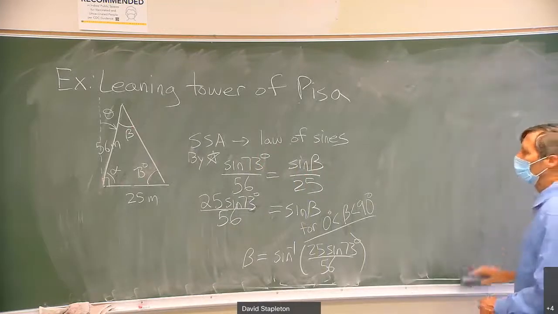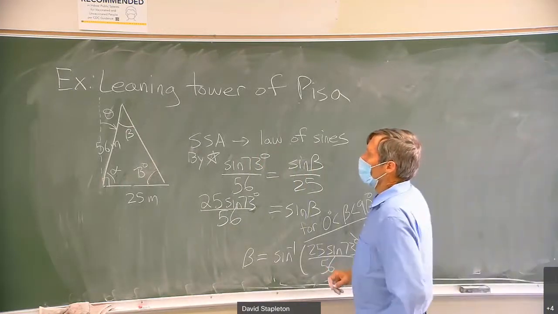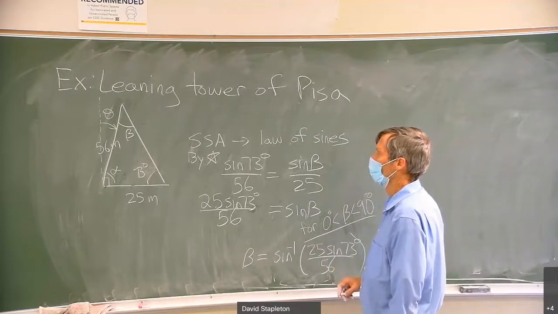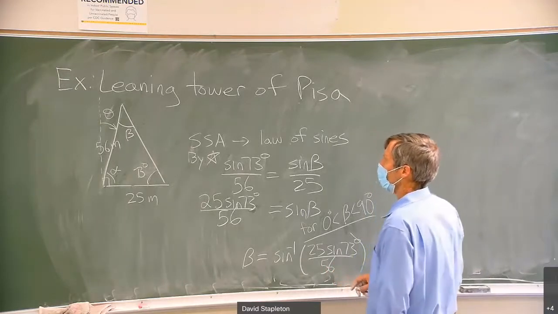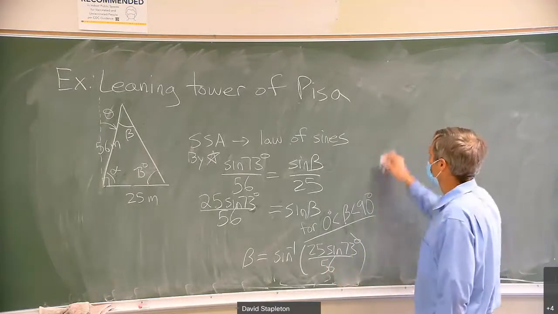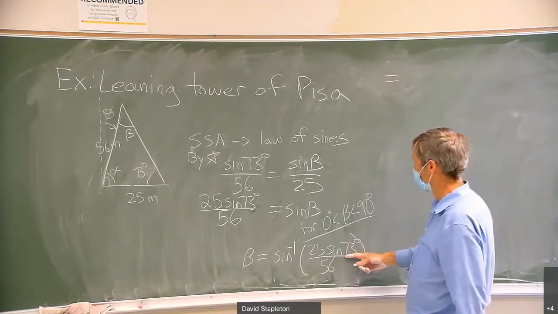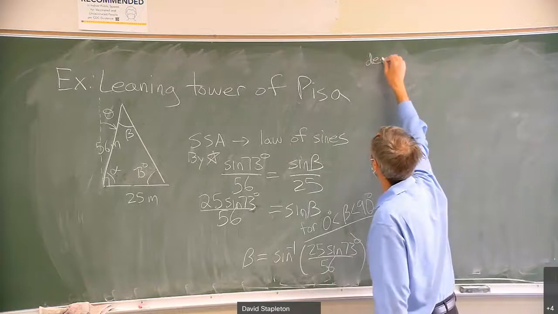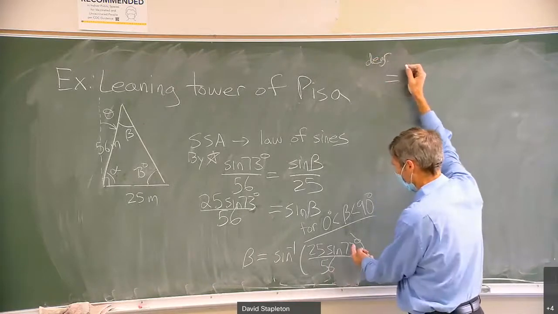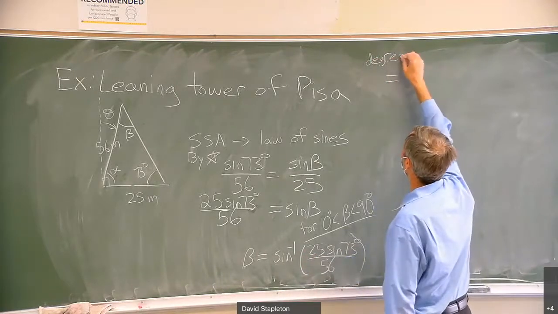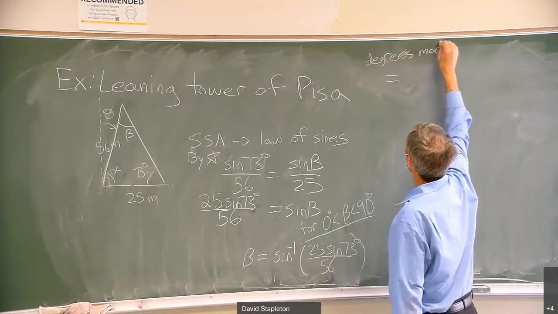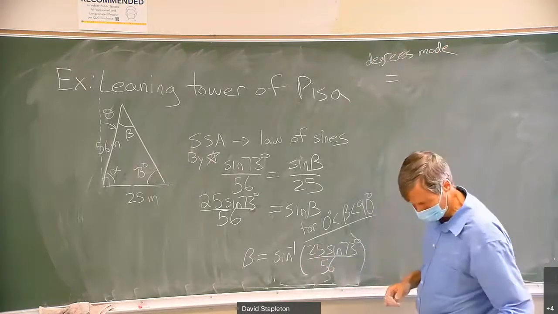All right. Now, what is this? I run to the calculator. Make sure your calculator is in degrees mode. So since I did this in degrees, I have to do this one in degrees. Degrees mode. Let's try it.